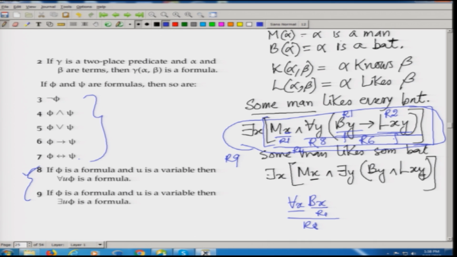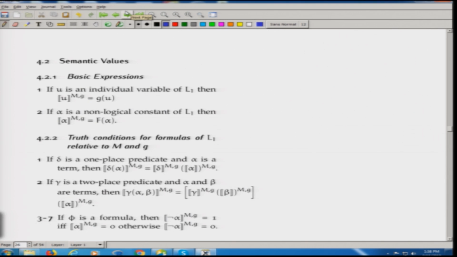So, there is an order, definitely. The order is first you have to use rule 1 and 2 and then other rules. You may or may not use all other rules or some other rules, but you have to use some rules to have complex constructions. So, this is what we have here, and then we go to the semantic part. This is slightly tricky.